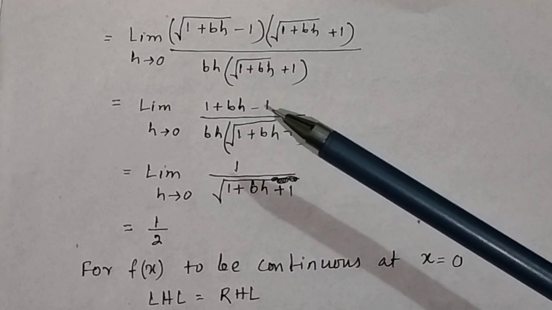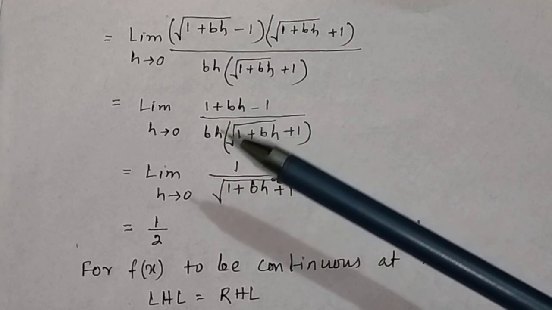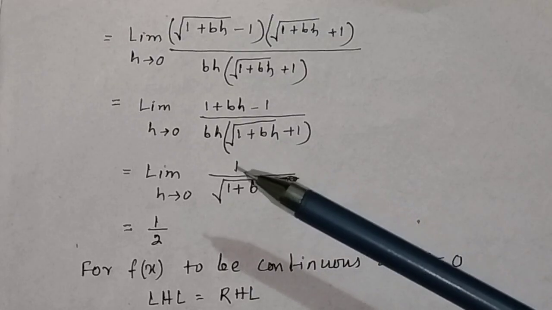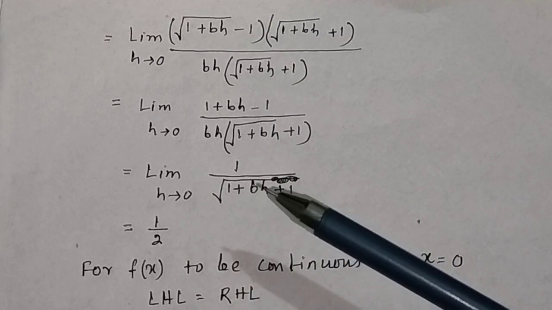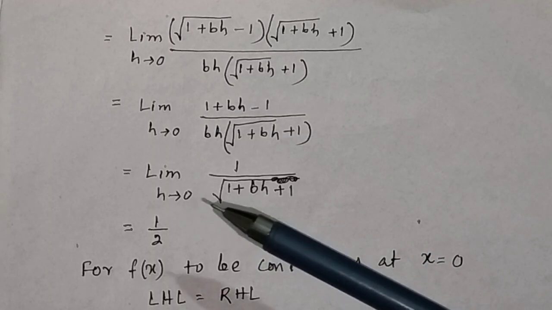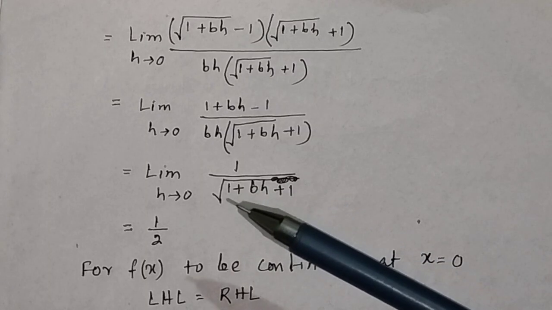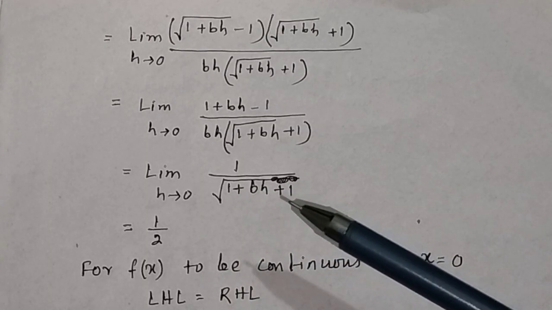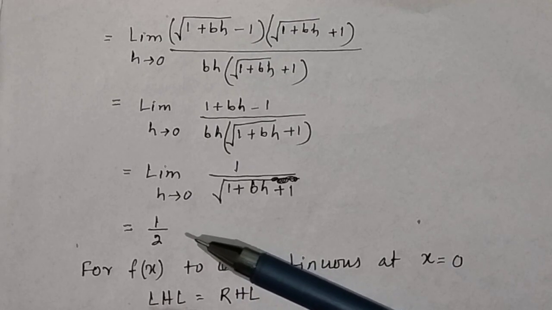So 1 minus 1 will cancel, and bh will also cancel. So the final expression will be limit of 1 divided by (square root of 1 plus bh plus 1), h approaches to 0. When h approaches to 0, in the denominator you have square root of 1, that is 1 plus 1, 2. So the right hand limit will be equal to half.